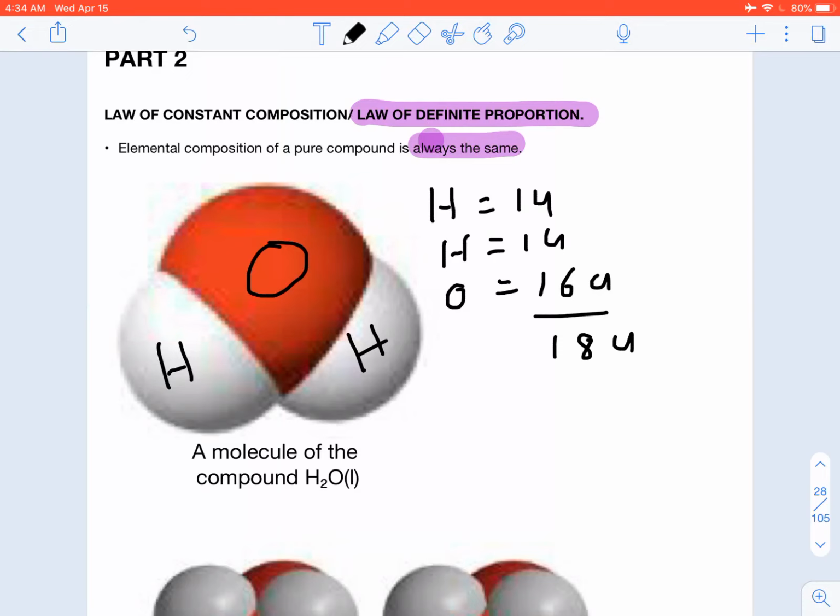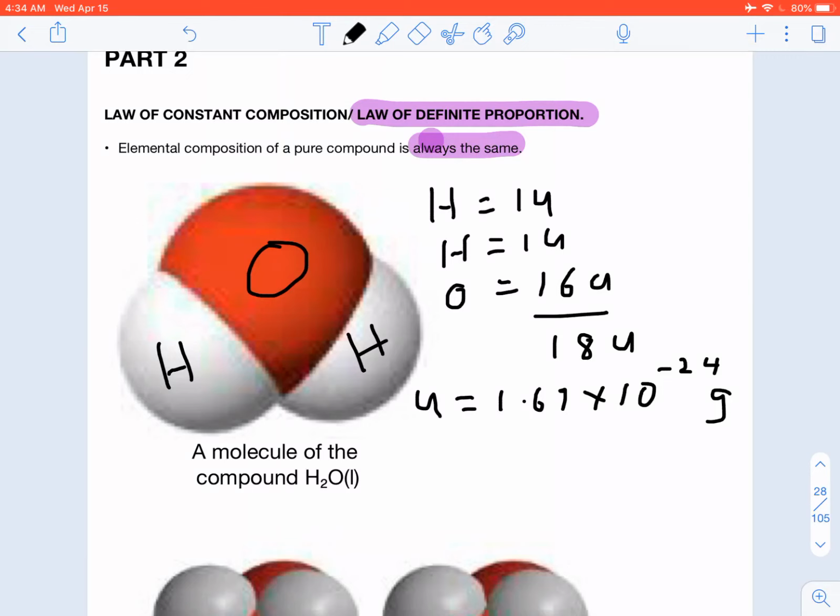And we also know that the U, the atomic mass unit, is equal to 1.67 times 10 to the minus 24 grams. Right. As you can see, the number is very, very small, so we just dealt with atomic mass unit.